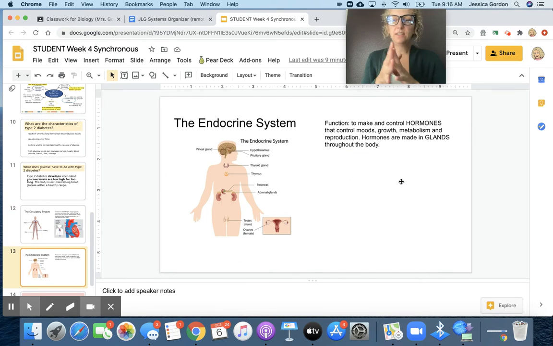Then the endocrine system. If we're thinking about diabetes, the endocrine system is responsible for making those two hormones, insulin and glucagon. And those two hormones help to control the levels of glucose in the body. And so if insulin is released from a gland, that insulin enters the bloodstream and it notifies cells. It's like a messenger to cells that says, hey, we need to get this blood lower in glucose.